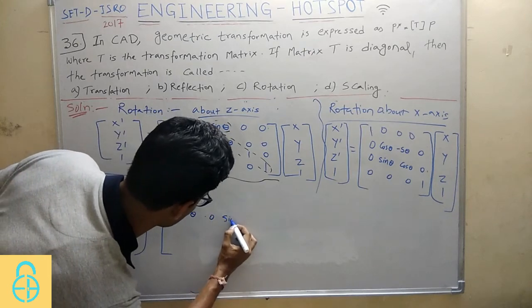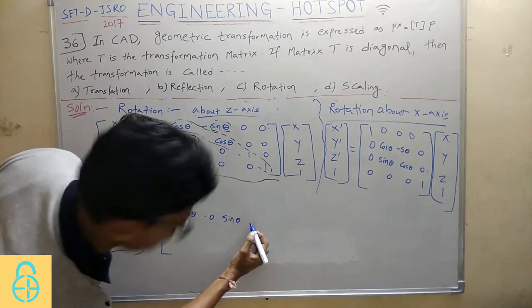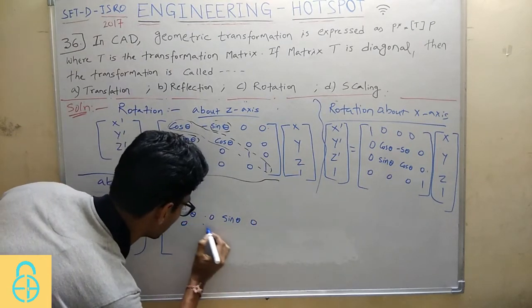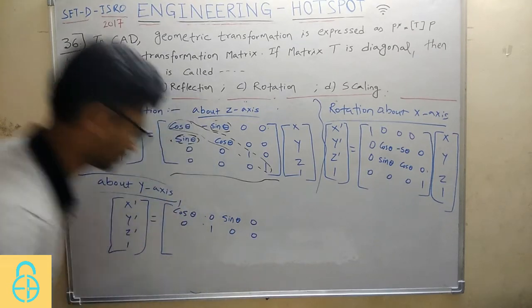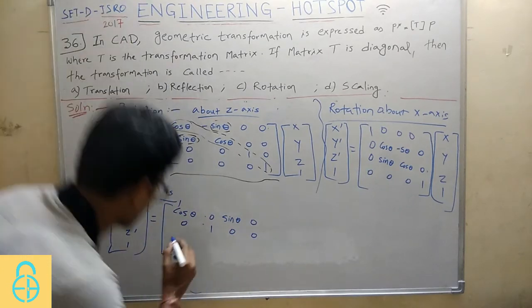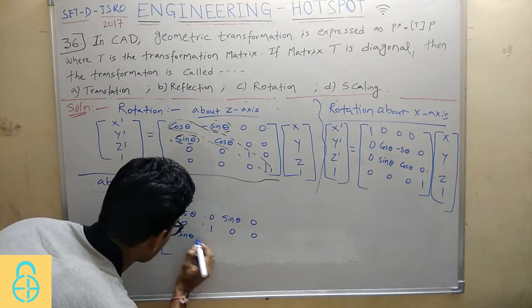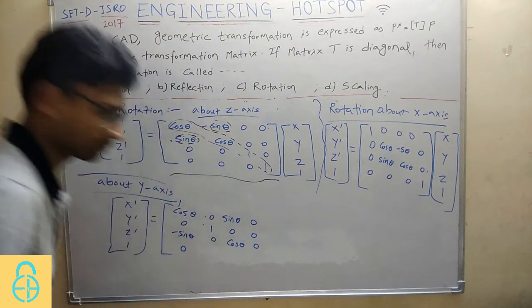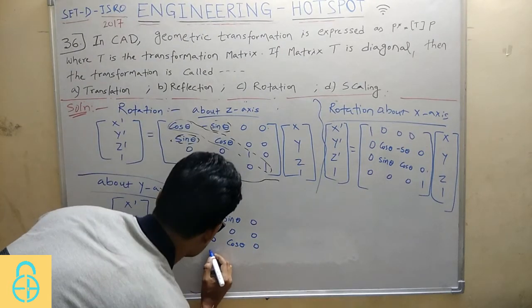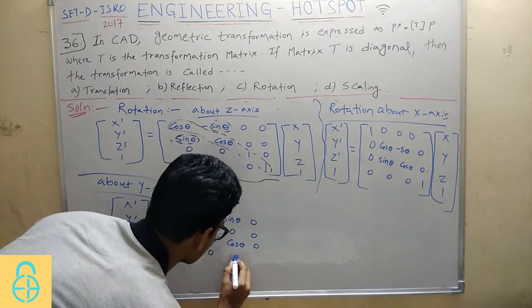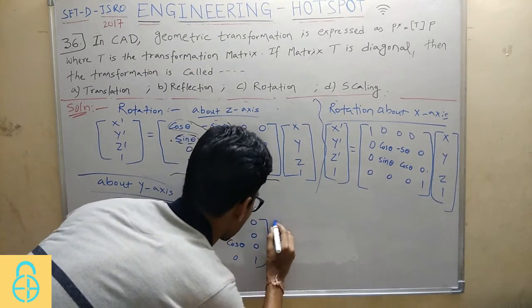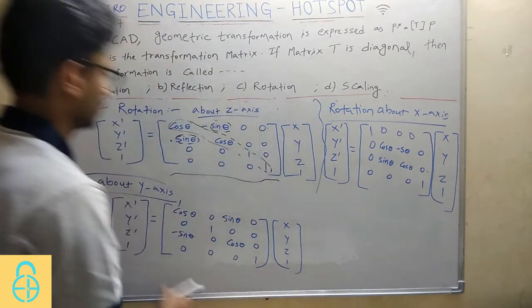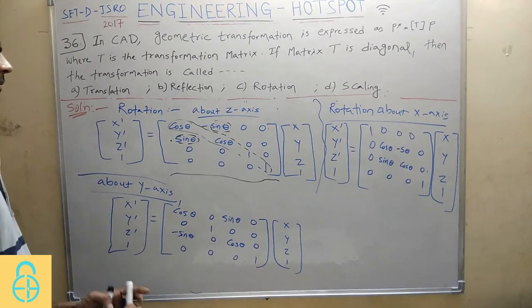This is 0, this is sin theta, this is 0, okay, this is 0, 1, 0, 0, minus sin theta, 0, cos theta, 0, 0, 0, 0, 1. X, Y, Z and 1. This is again not a diagonal matrix.